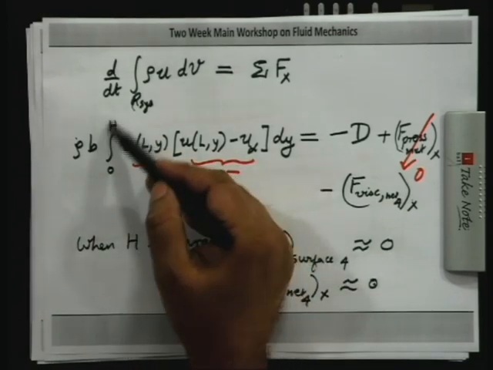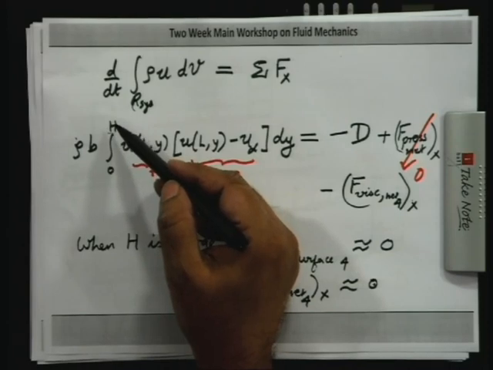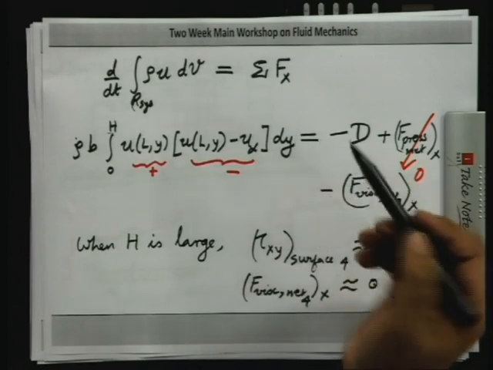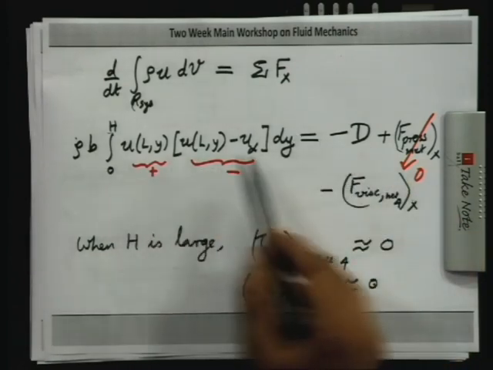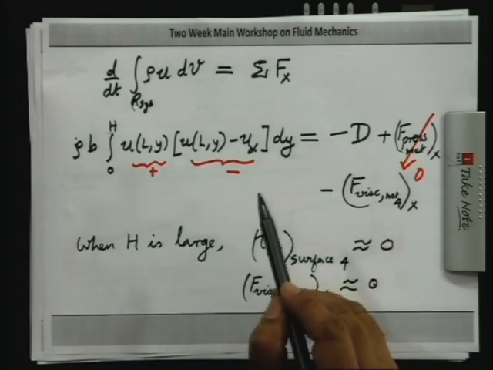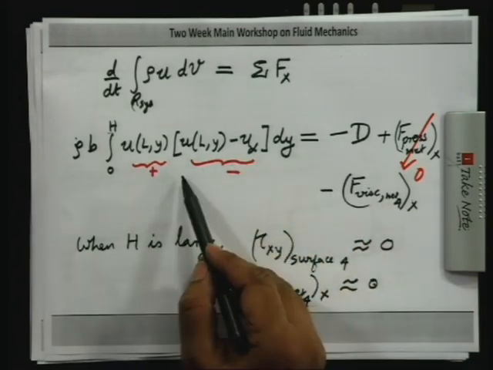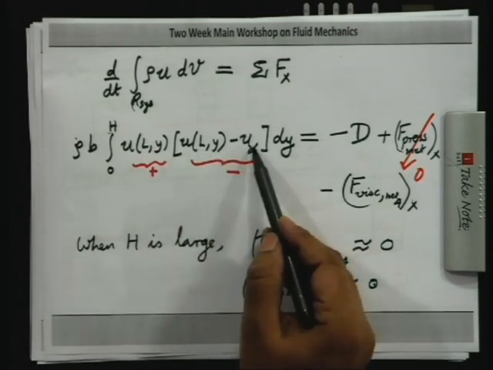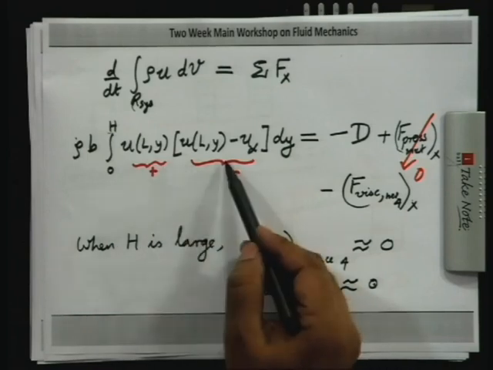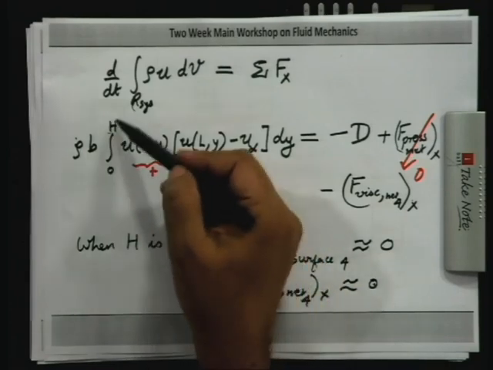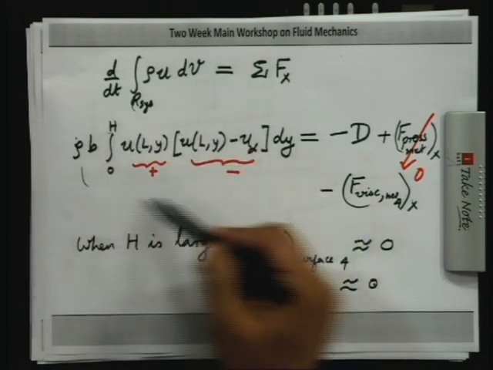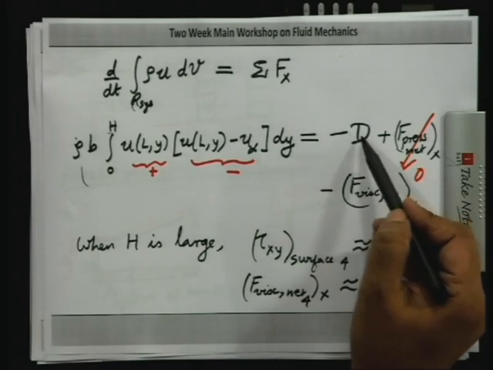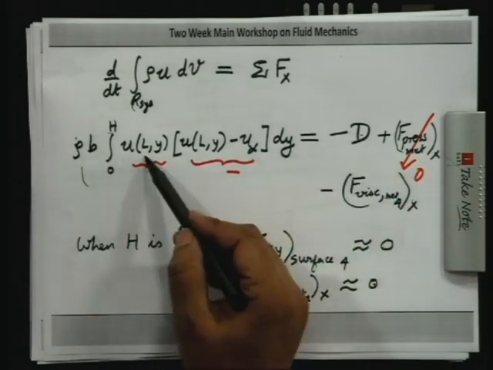Provided h is large enough, so that the surface 4 is in what we are calling the outer region, that is entirely outside the boundary layer, you have a relation that the momentum defect is minus D, and the function you are integrating is going to be negative, because this quantity is plus and this quantity you expect to be minus, because u is less than u infinity inside the boundary layer. So, the product of these two is negative. When you integrate a negative quantity, with positive limits of integration, you get a net quantity which is negative, which will cancel with this minus sign over here. So, you will get D is rho b into (u infinity minus u).